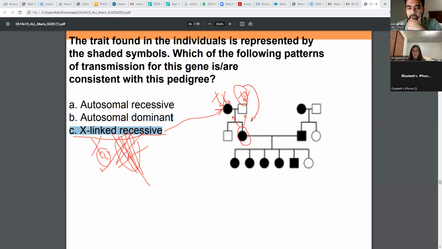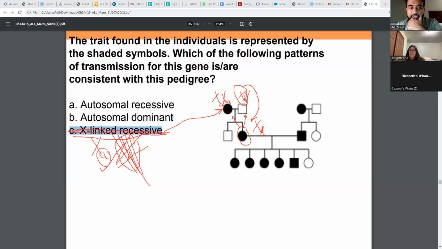The only X he has is an X big A, right? And we said if you have X big A, the trait is not going to show, right? Is the trait showing in her? Yeah. So then we know that this pedigree cannot be an X-linked recessive trait.